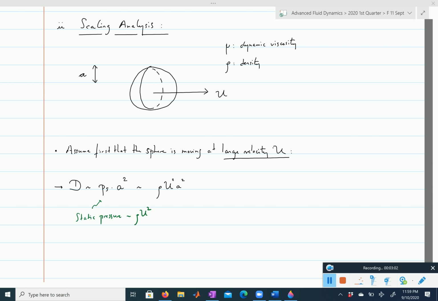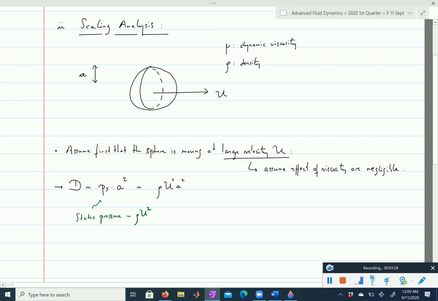And then if we use on top of that what we know from Buckingham pi theorem, if we are at large velocity and we assume the effect of viscosity are negligible, well then in that case we have really only four relevant physical parameters: a, u, the density, and the drag. So we have m equals 4.